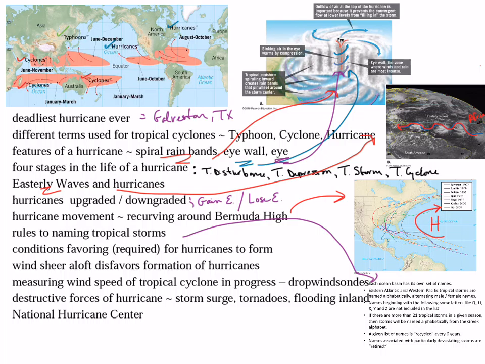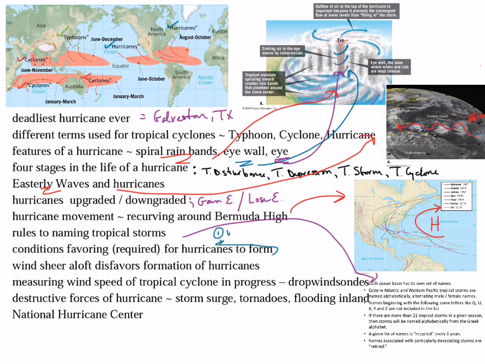For the eastern Atlantic anyway, they don't use names that begin with Q, U, X, Y, and Z. The next one, if they run out of letters of the alphabet, they'll go to the Greek alphabet. The next one is that there are 6 lists, like we saw in your textbook and lecture. They go to the next list for the next year. If a hurricane is especially damaging, the name can be retired.